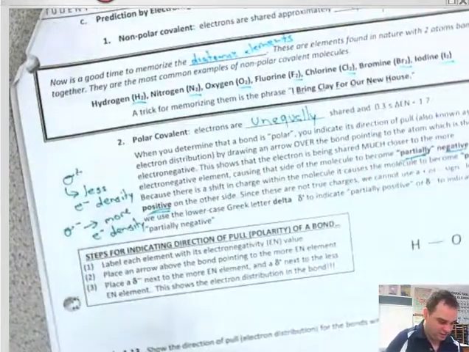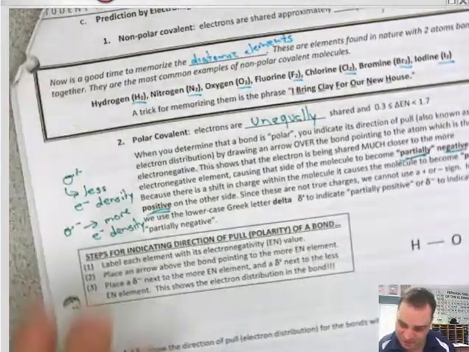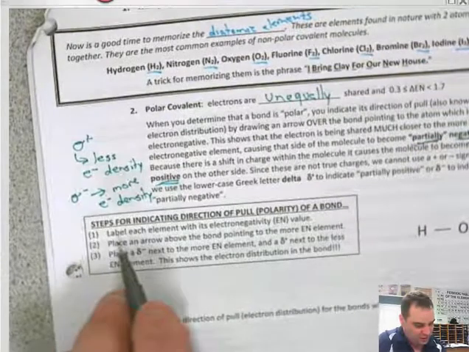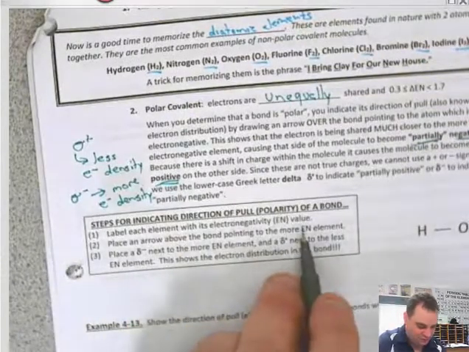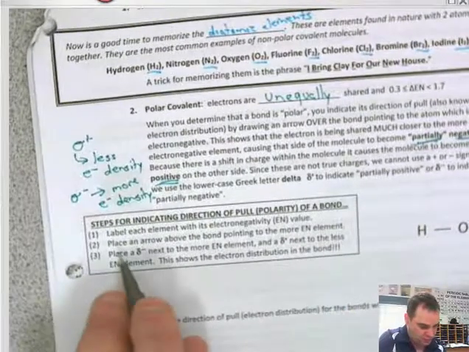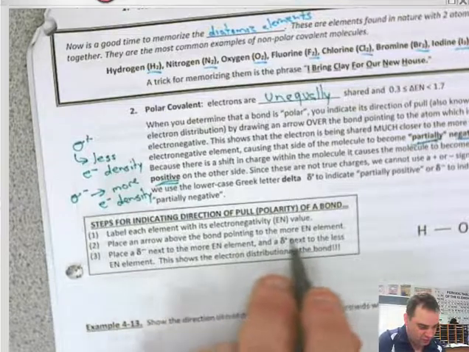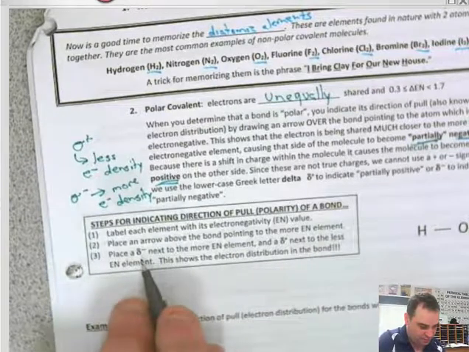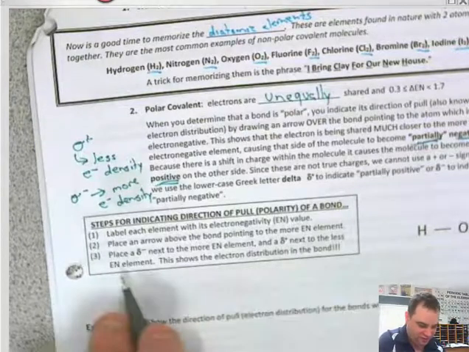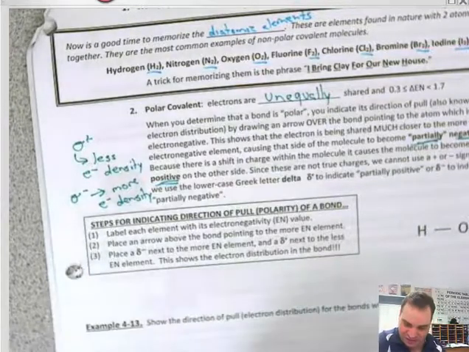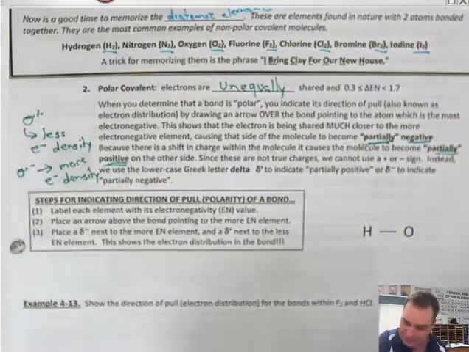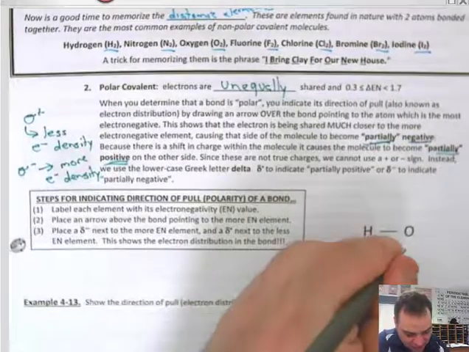And you use the electronegativities to determine that. So what you do is label each element with its electronegativity value. On the test, the electronegativity values will be given to you in the question. You place a partial negative on the more electronegative element and a partial positive on the less electronegative element. For instance, oxygen has an electronegativity of 3.5.